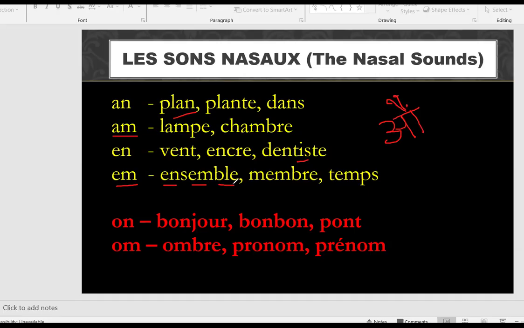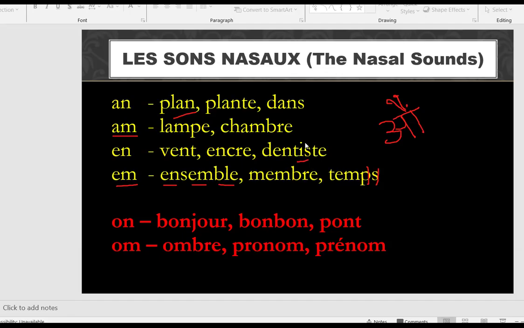Next word, membre. Next word, temps: PS will be silent, so it is simply ton.